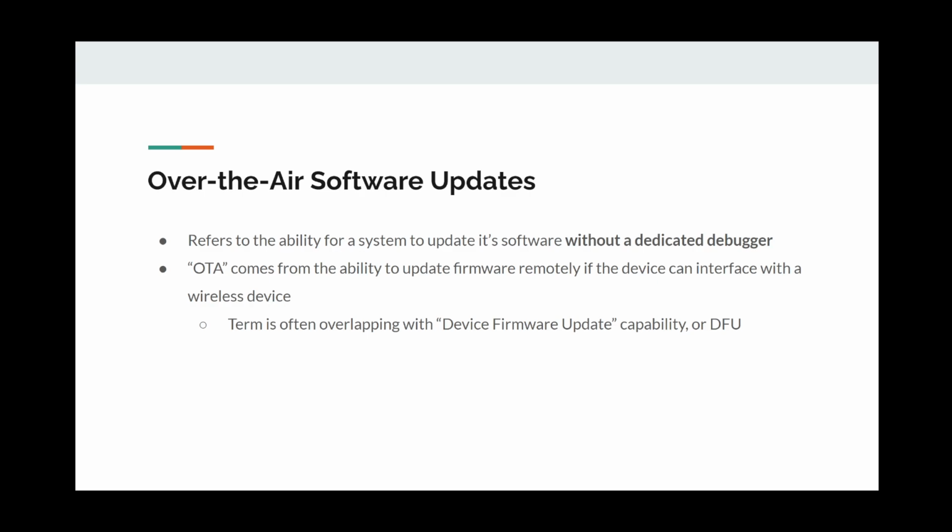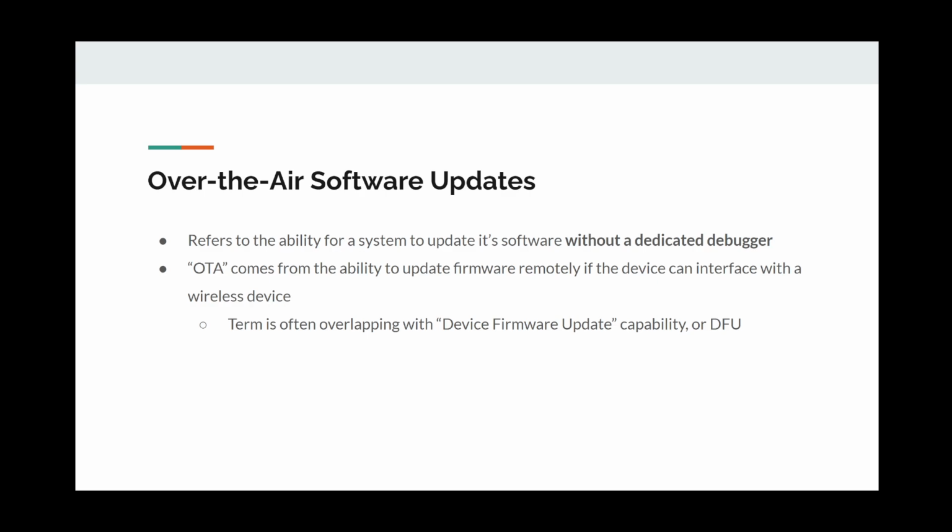But the goal with device firmware upgrade is to write a piece of software to eliminate the need for a programmer to actually program your chip. So the goal isn't necessarily to replace a full debugger in the sense that you can debug or set breakpoints. The goal is to be able to say, hey, we can just upload this random flash and run it without a specific programmer, using however the device actually talks to the world. Make sense? Cool.